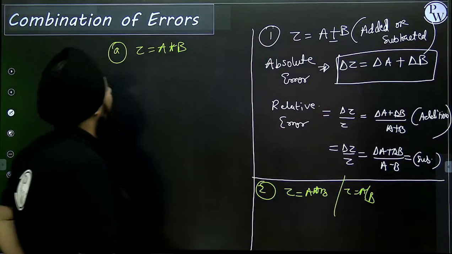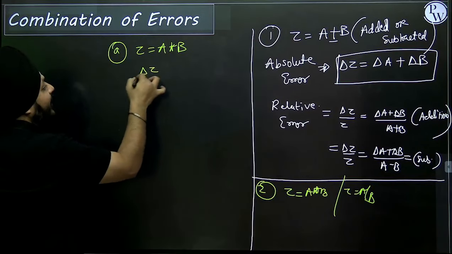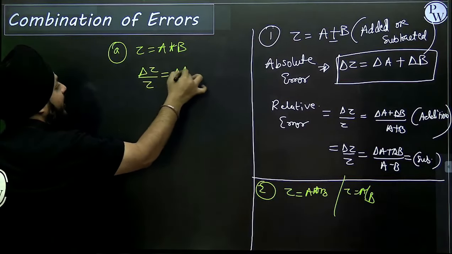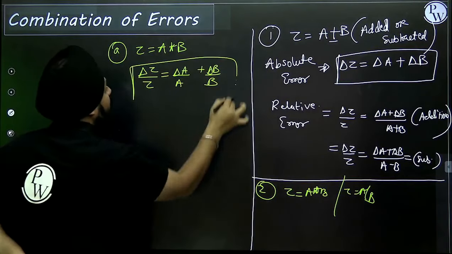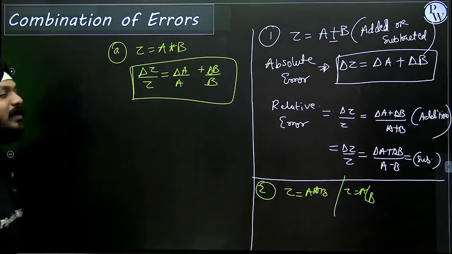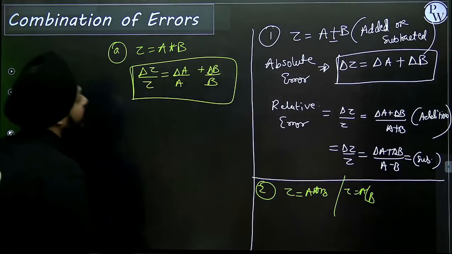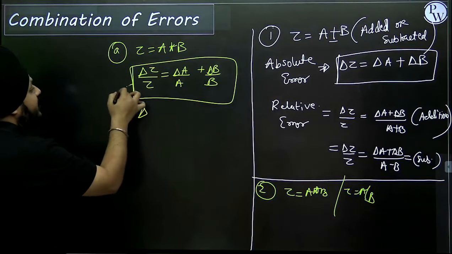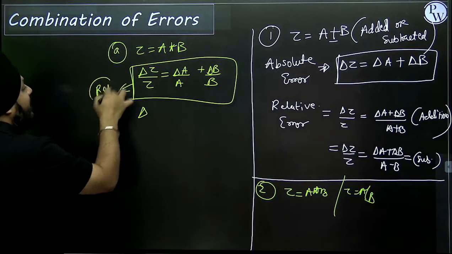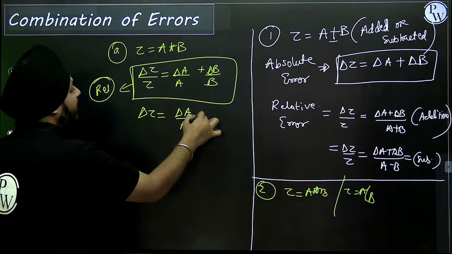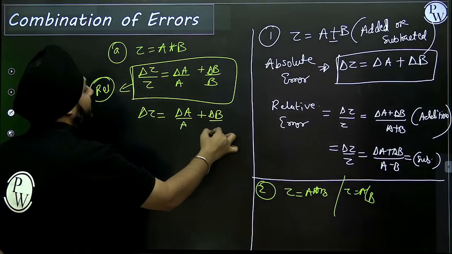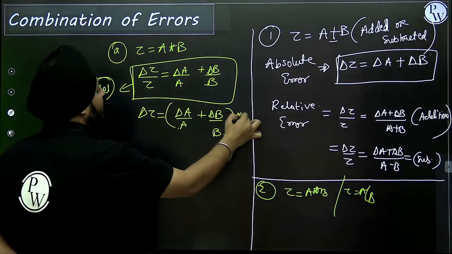It's not a big deal. So delta Z by Z is equal to delta A by A plus delta B by B. This is a relative error. You can multiply by 100 and get the percentage error. And delta Z will be delta A by A plus delta B by B, times Z.